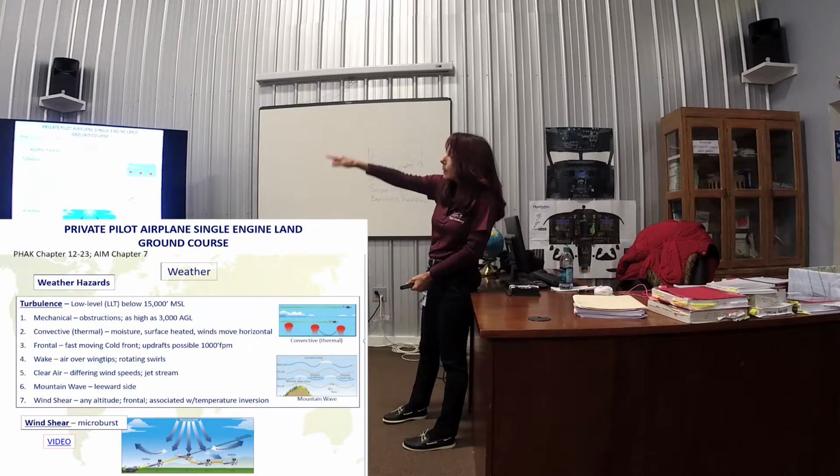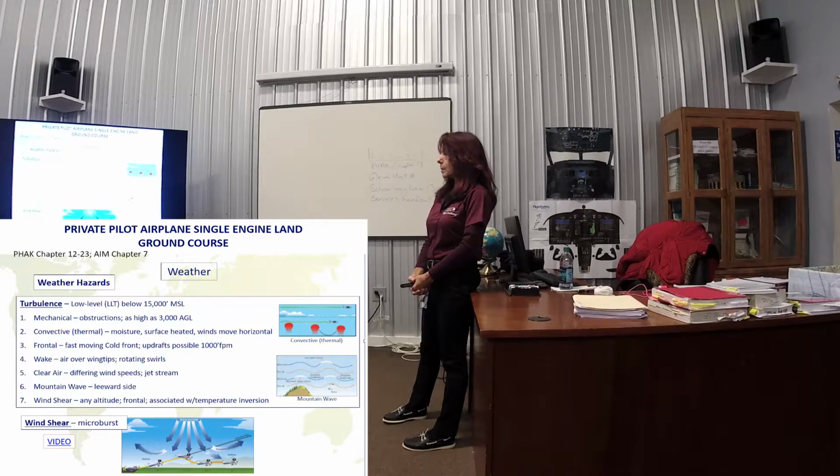Turbulence. Number 7, 1 through 7 is listed as weather hazard turbulence. Mostly we talk about low-level turbulence, LLT. Low-level turbulence is defined as below 15,000 MSL.